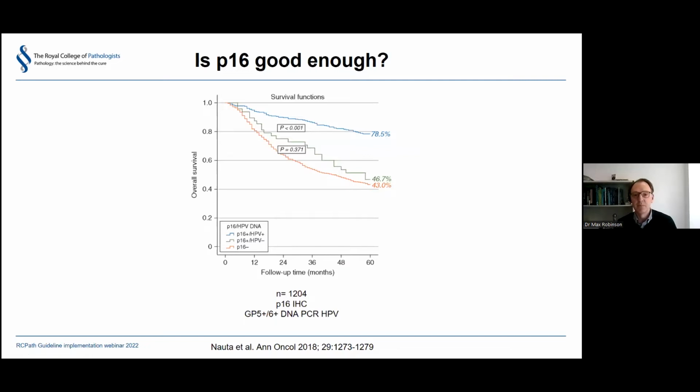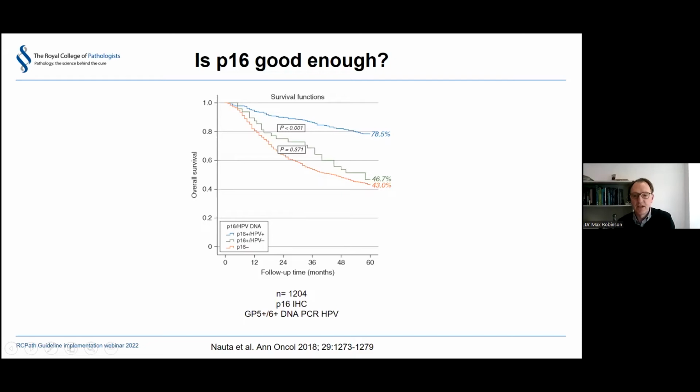That was P16 positive and HPV DNA positive by a PCR test. And you can see the outcome for these patients is very good. Around 80% of them survived the next 5 years. By contrast, those that were P16 negative and HPV negative, less than half of them survived 5 years.